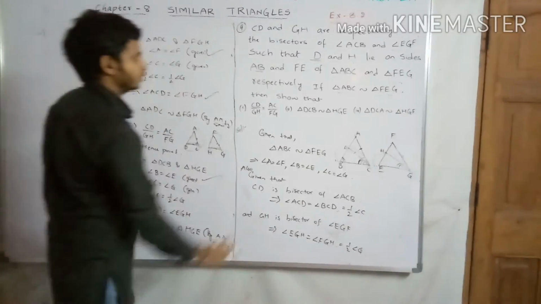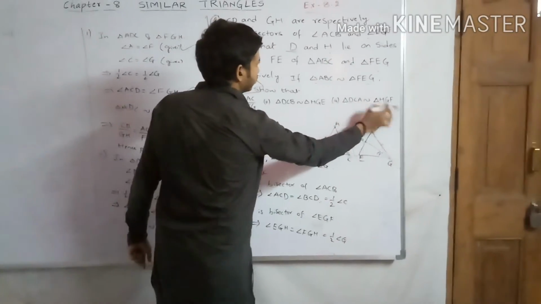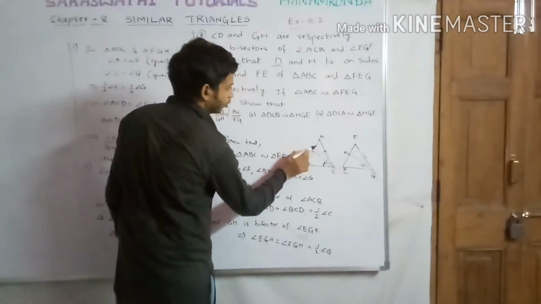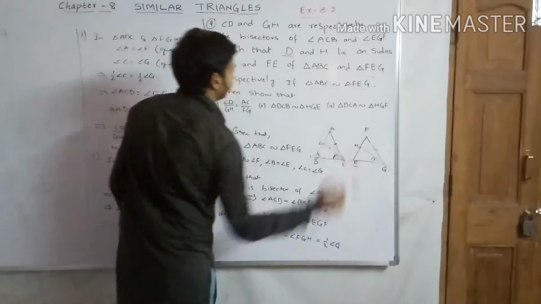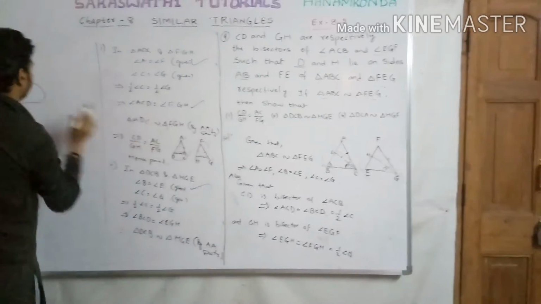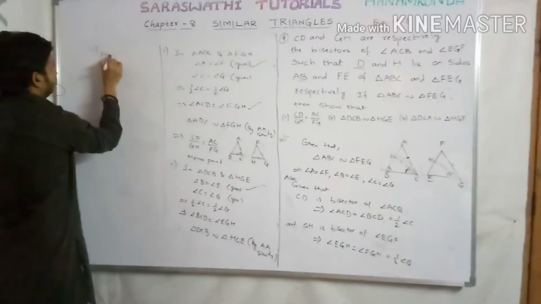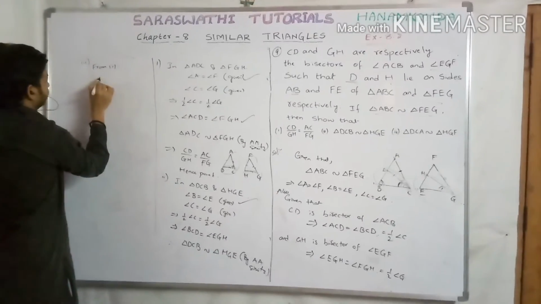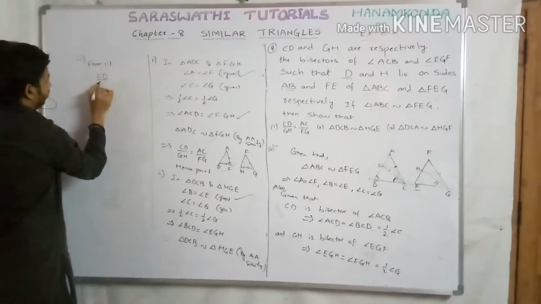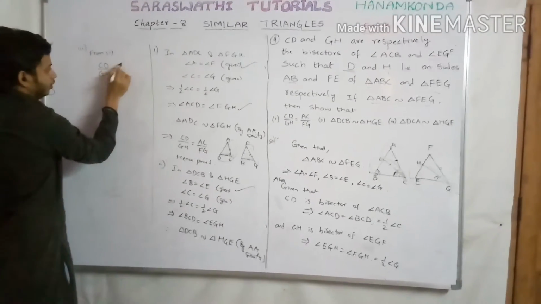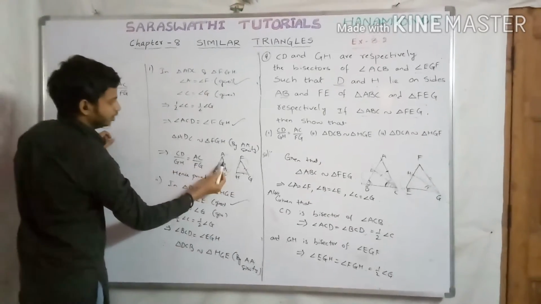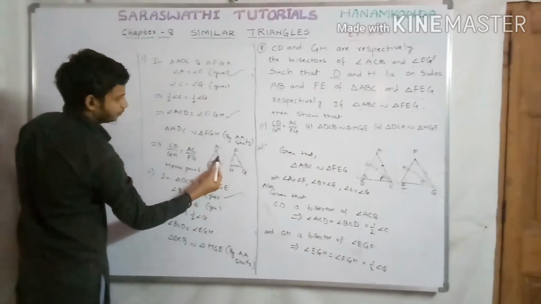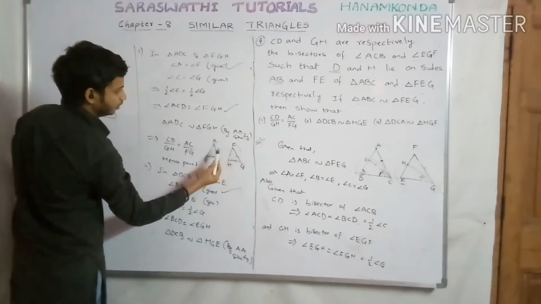And the last proof is triangle DCA is similar to triangle HGF. We have to prove that triangle DCA is similar to triangle HGF. From the first proof, from 1 we obtained that CD by GH equal to AC by FG.